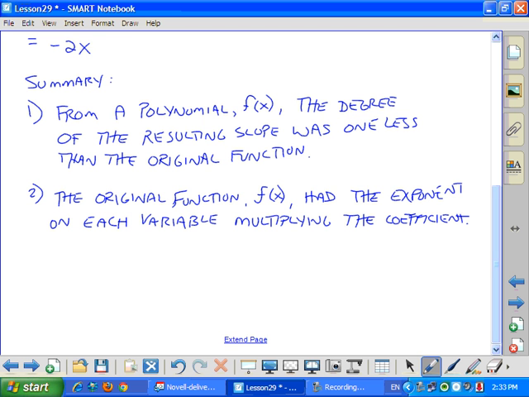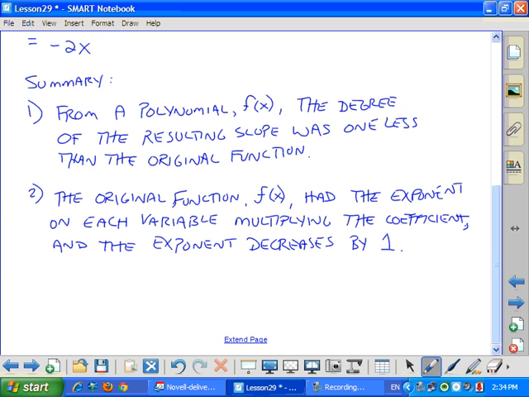Or somewhere along those lines. So that was, comma, I guess, and the exponent decreases by 1. And that's what I was hoping that you would pick up from that previous investigation. All right.